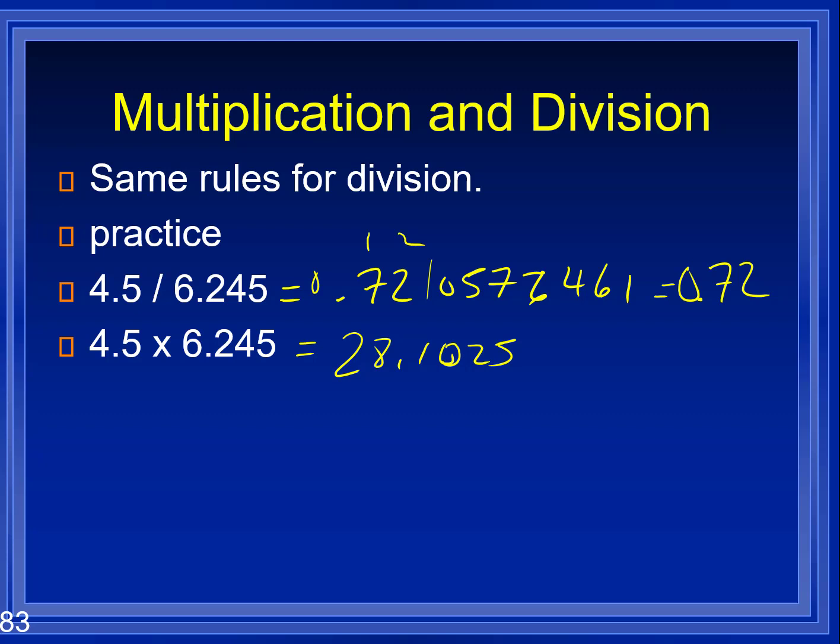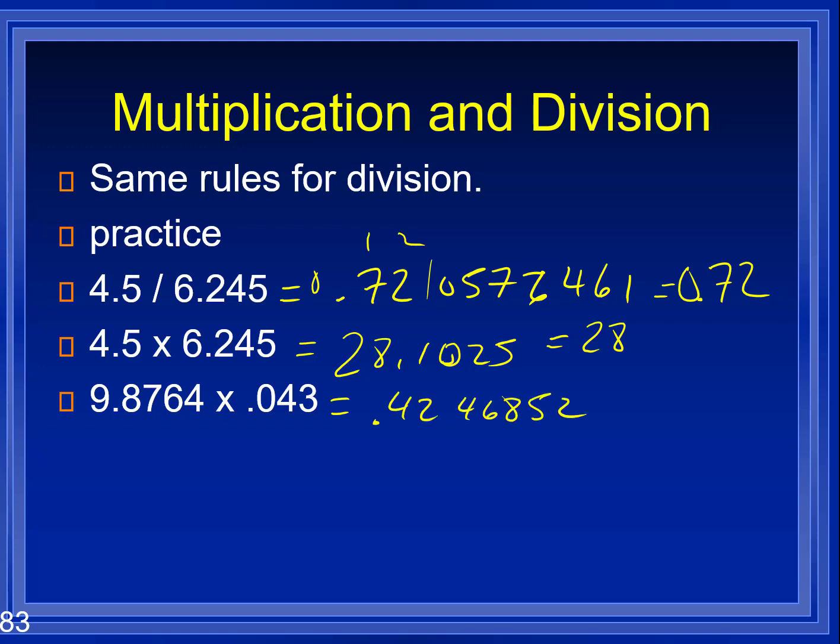So the answer is 28. Next, 9.8764 times 0.043 gives me 0.4246852. How many sig figs in 9.8764? 5. How many in 0.043? 2. The 0 in front doesn't count, so my answer can only have 2. Second one's at 2, so behind that 2, there's a 4, so 0.42.